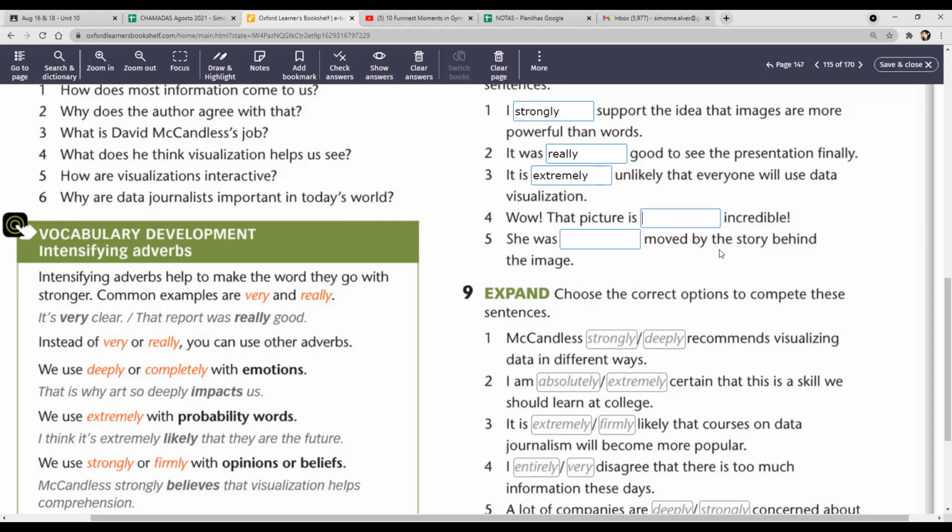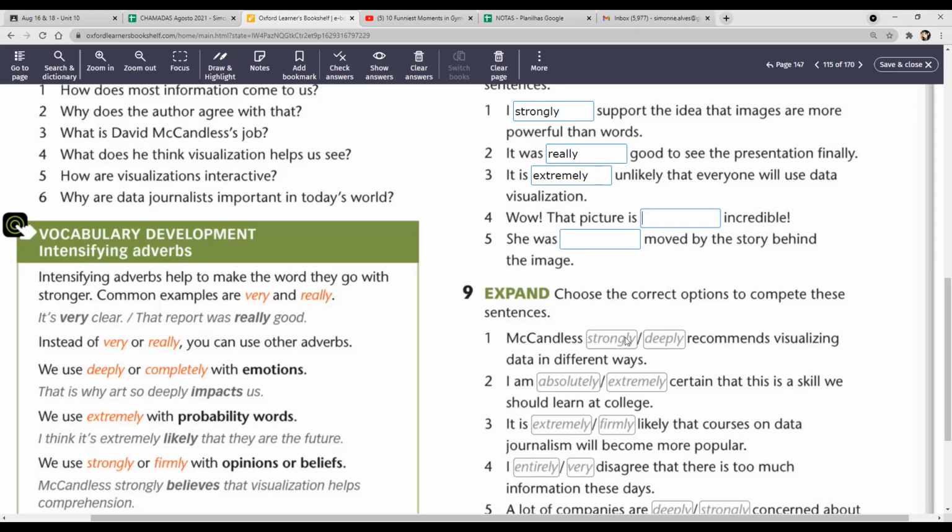I'm just saying that the picture is incredible, okay? I'm not using words like believe, think, you know, I'm not using opinion words. I'm using just the verb to be. So the verb to be is not an opinion verb to use strongly or firmly, okay?